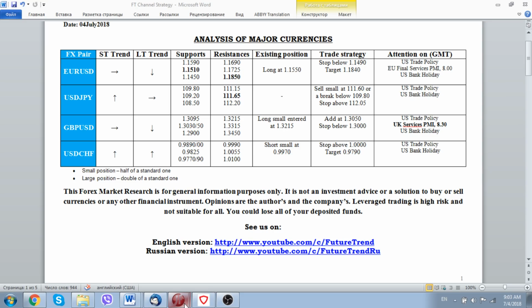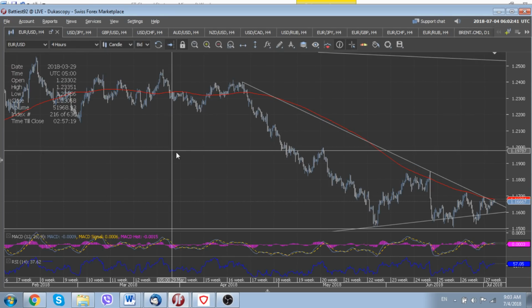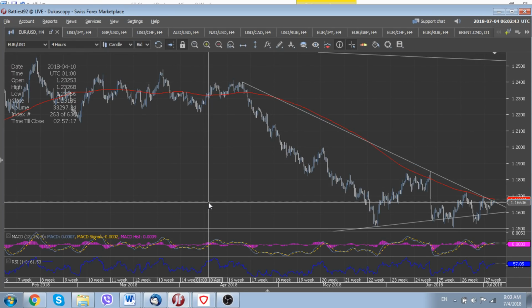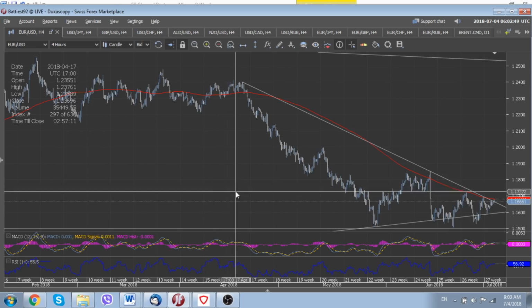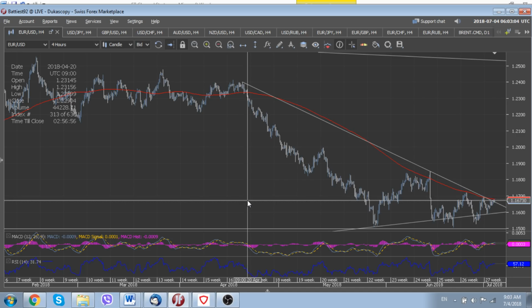Let's analyze the situation as usual, starting from euro dollar. Here the situation is really very interesting because the euro dollar starts to erode its current downtrend that was drawn from the highs of the middle of April, when the United States dollar started its latest rebound, a really very strong one.